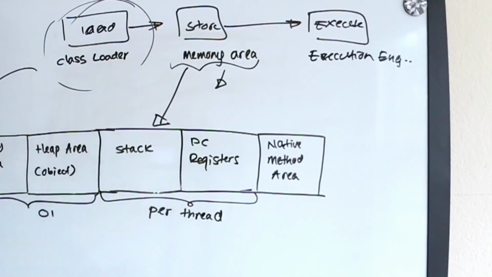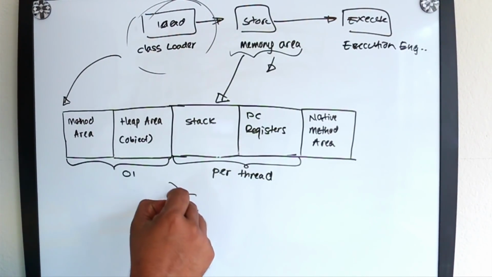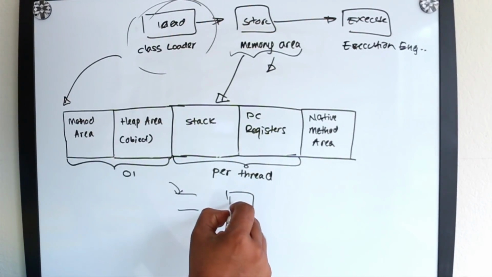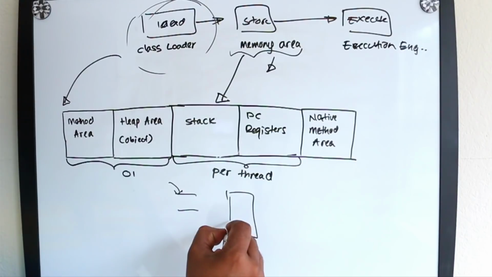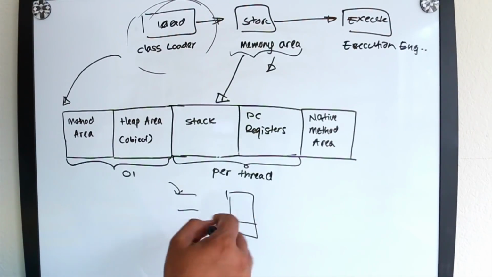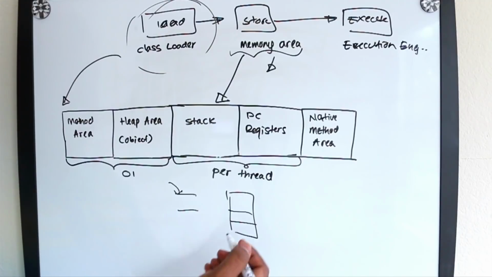What the stack does is, when you go into a method, let's assume this is a stack. You go to method 1, so it will create one frame in the stack. If you go to another method, it will create another frame. You know how a stack works, right?